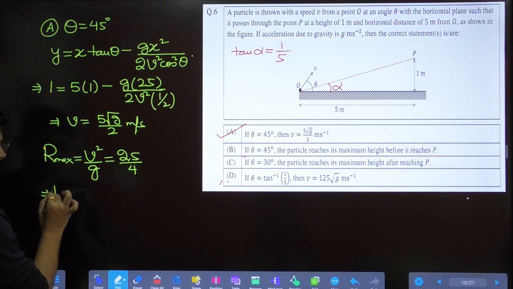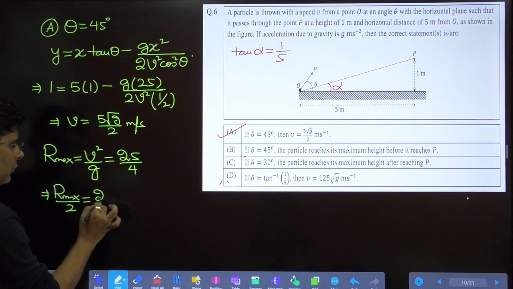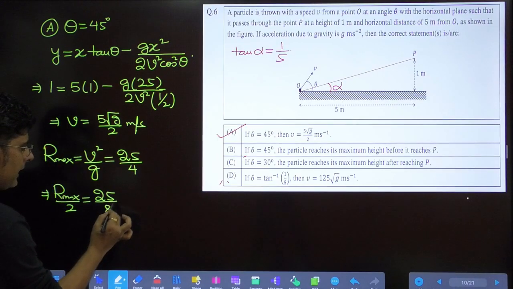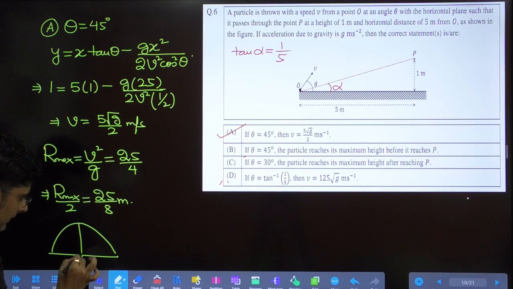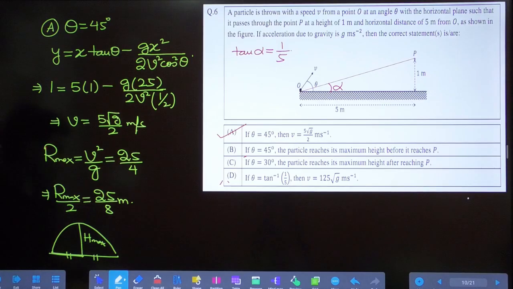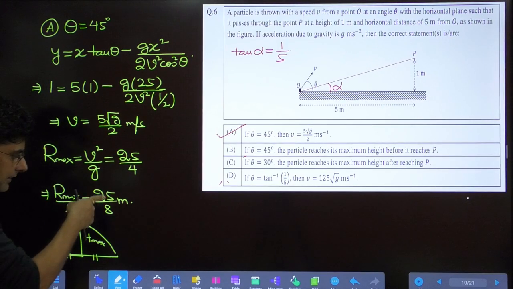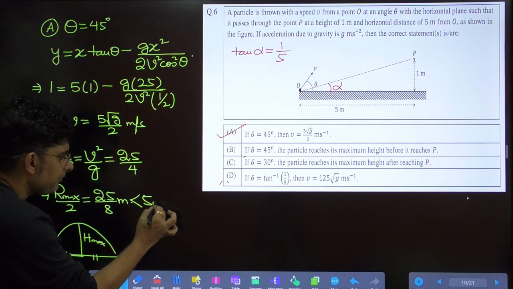So when you find R max by 2, why I am finding R max by 2, you will understand it, 25 by 8 meter, because maximum height occurs for half of range. So R max by 2 is 25 by 8, which is 3 point something, which will be less than 5 meter.